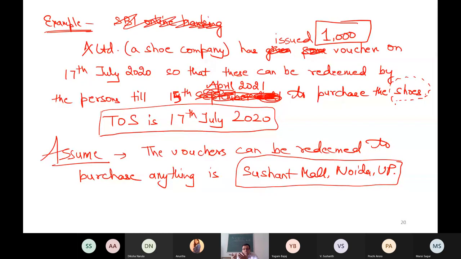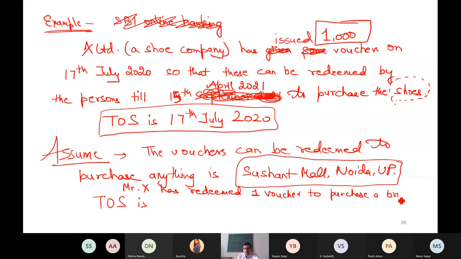So how can you know the rate of tax? In that case, the government says that the time of supply is the date of redemption. For example, Mr. X who has purchased this voucher has redeemed his one voucher to purchase a briefcase, then the time of supply will be 2nd Jan 2021.